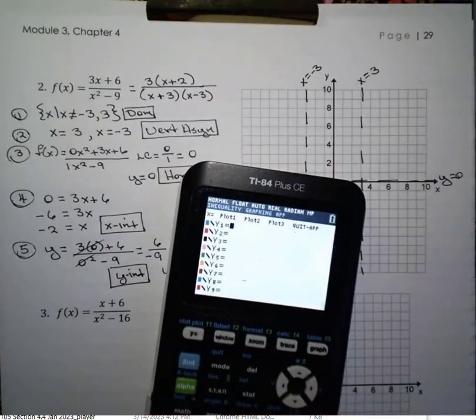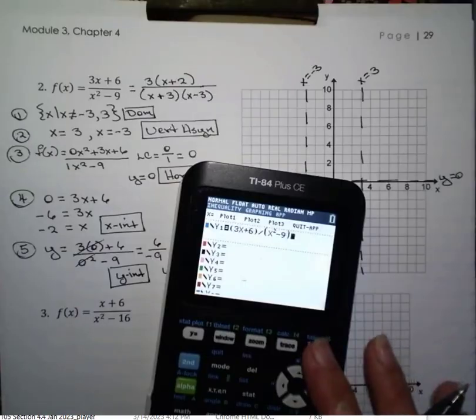I'll go y equals and clear that out. And then I'm going to type in the numerator, which is 3x plus 6, divided by the denominator. And remember to put both of them in parentheses. This is going to be x squared minus 9. Close them off, and let's graph this.